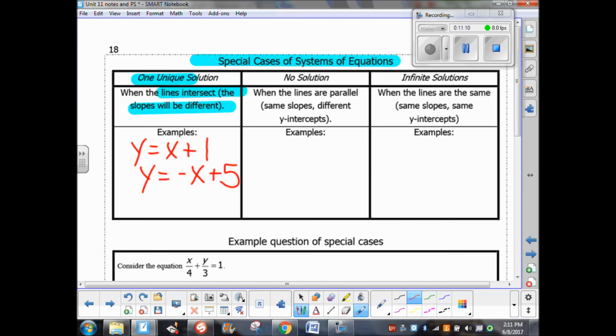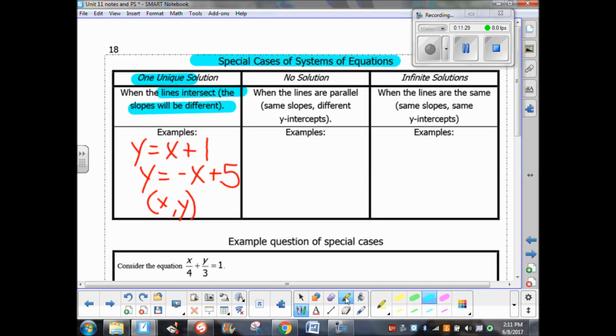What's the slope of that first equation? The slope, 1 over 1. What's the slope of the second equation? Negative 1 over 1. The lines will intersect. The slopes are different. This will give me one solution.